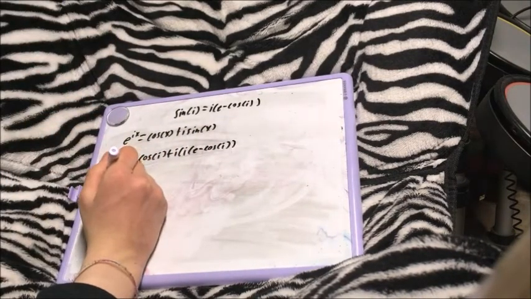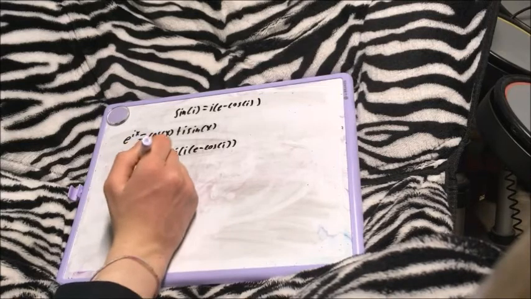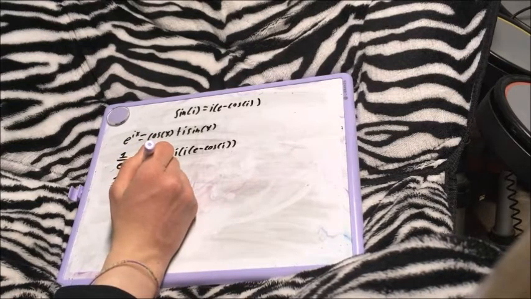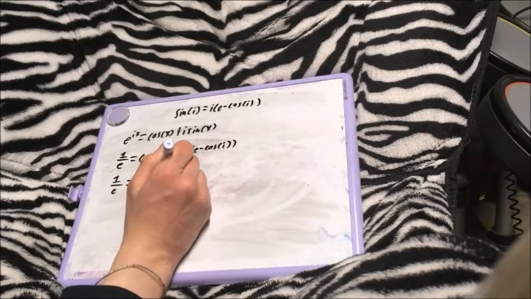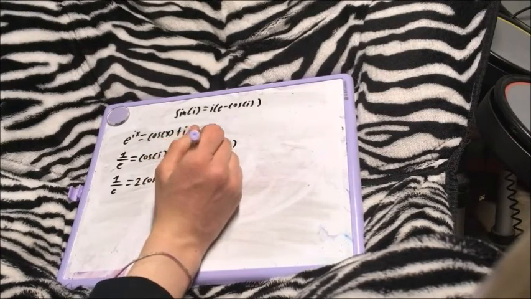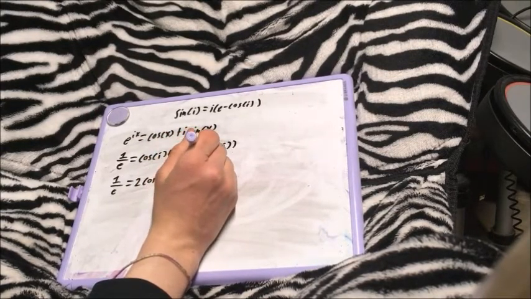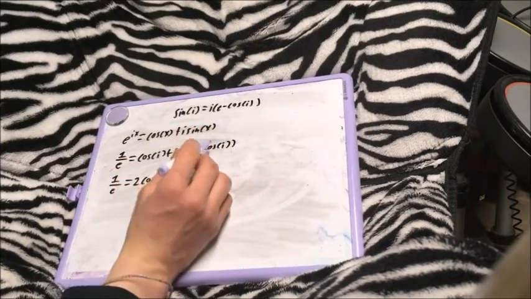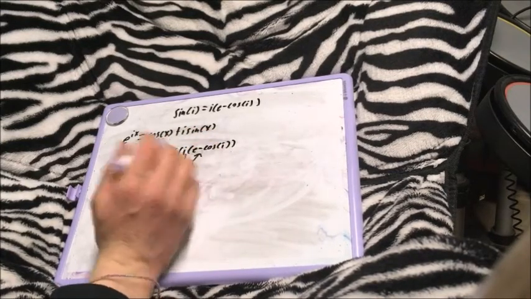This is going to simplify to 1 over e equals 2 cosine i minus e, because remember, this is going to become negative 1, which is going to make this negative positive, and because we have 2 cosines of i, we can add them together.